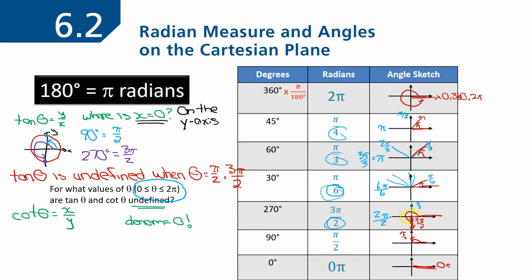Let's do another Cartesian plane sketch here. Here's our x-axis. Here's our y-axis. We want a y of 0. Let me put a circle on there. When will y be equal to 0? So y will equal 0 anywhere along the x-axis.